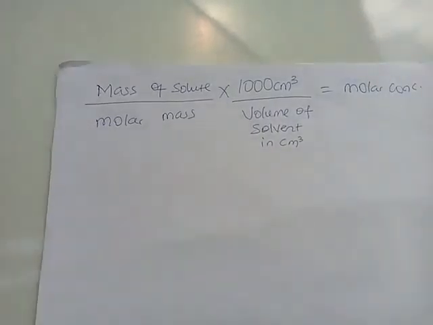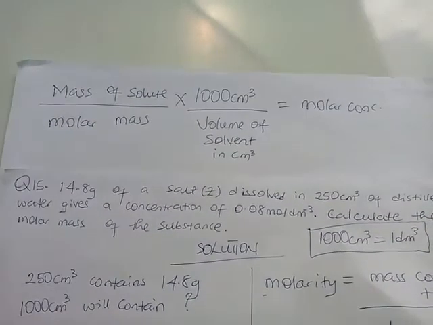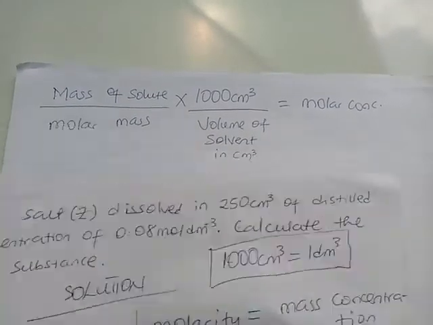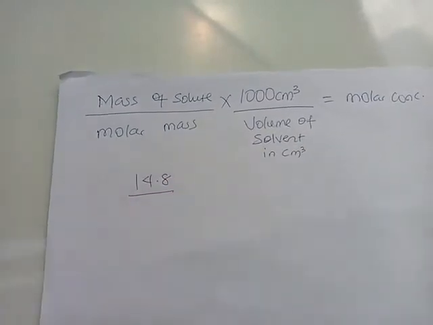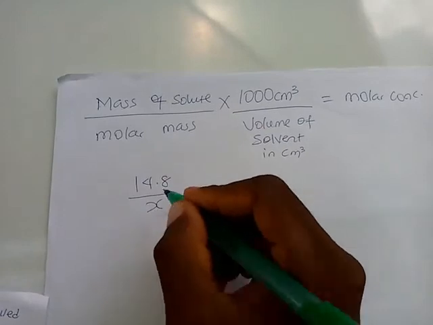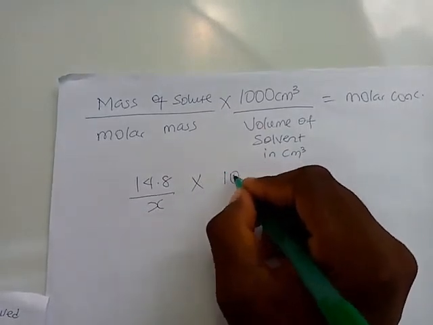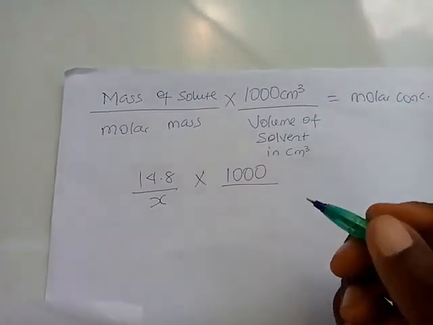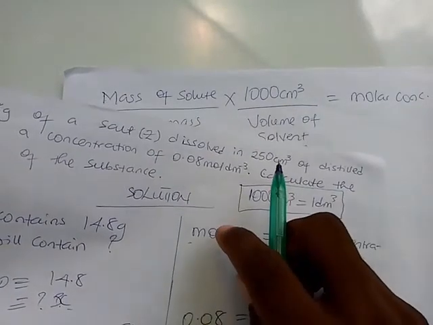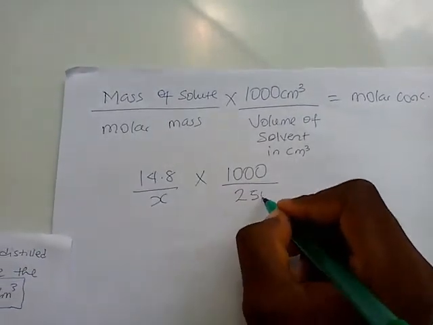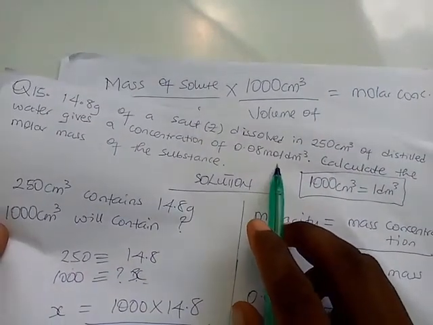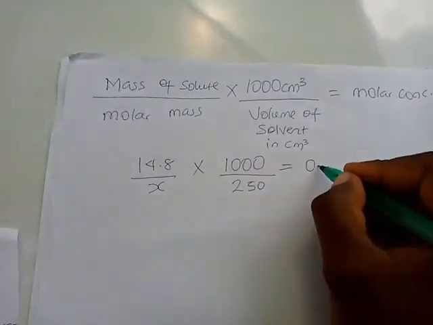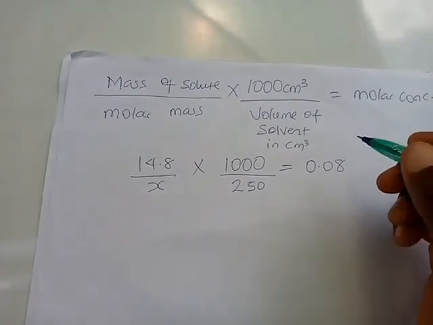So here we have the mass of solute as 14.8. So we'll put 14.8 here. The molar mass is unknown. We don't know what it is. 1000 is given. Now the volume of this is what? 250. So here we'll put 250 is equal to, what is my molar concentration? 0.08. So here I have 0.08.